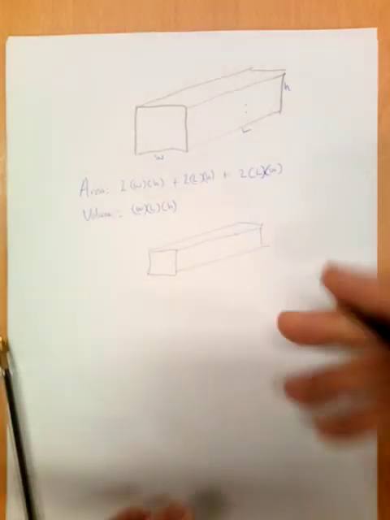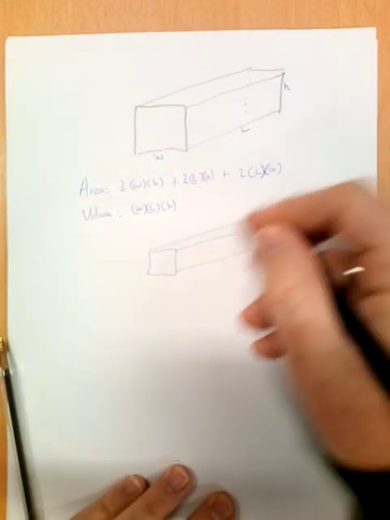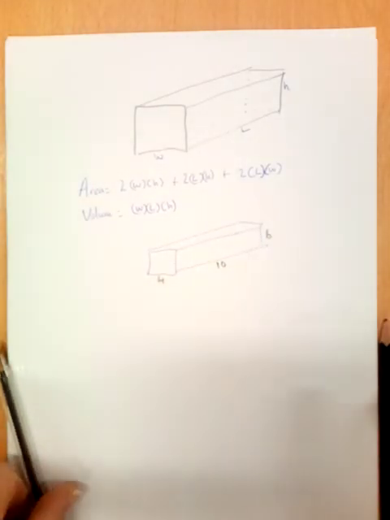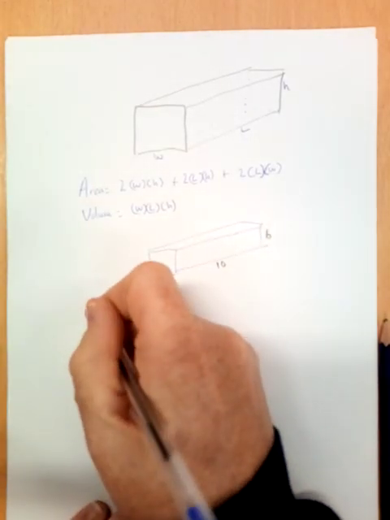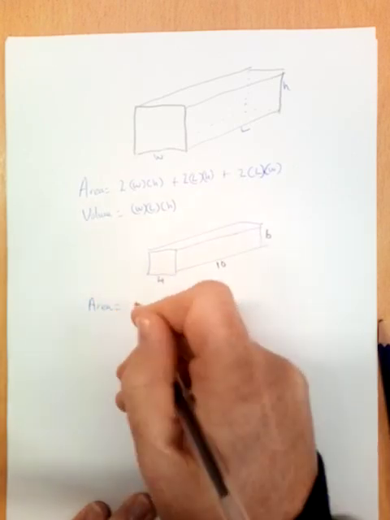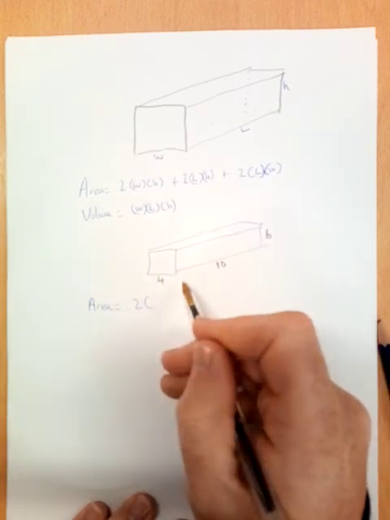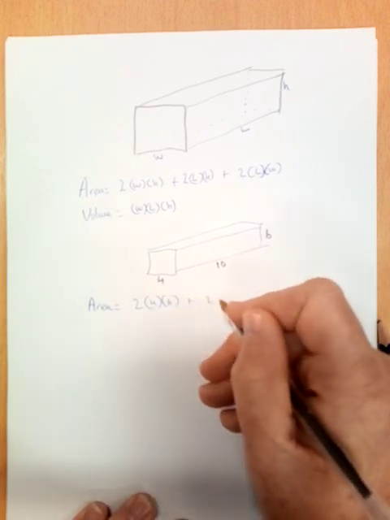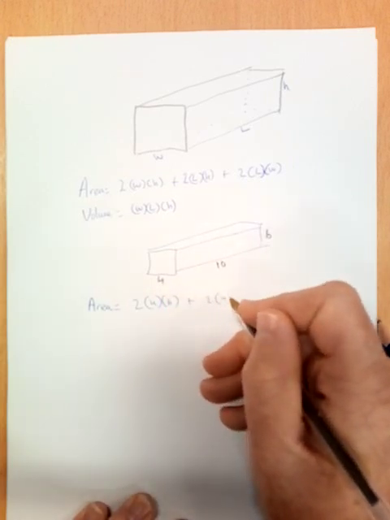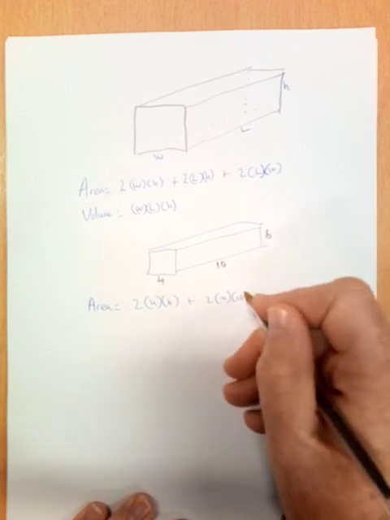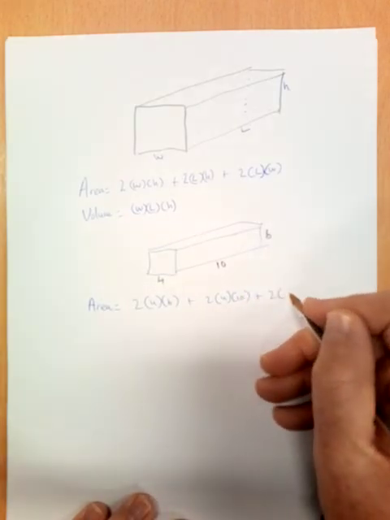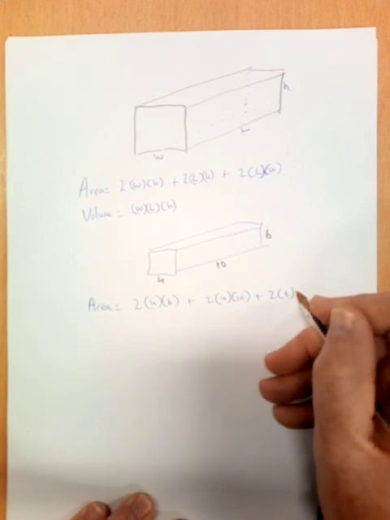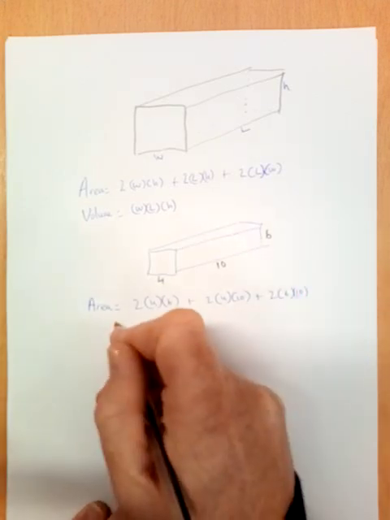Right, so let's say the height there is 6, the length is 10, and the width is 4. So if I want to get the area of this, it's going to be 2 times 4 by 6 plus 2 times 4 by 10 plus 2 times 6 by 10. And just add them all up.